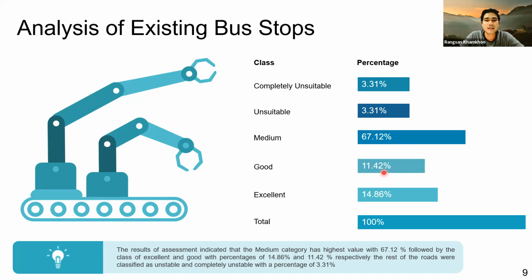And we can see the unsuitable class is the lowest percentage with 3.31%. The unsuitable ones may be in areas with high slope values. Yeah, this is the reason that they are unsuitable.